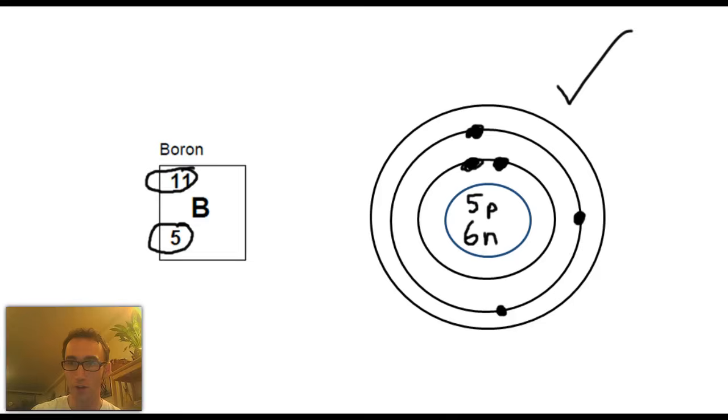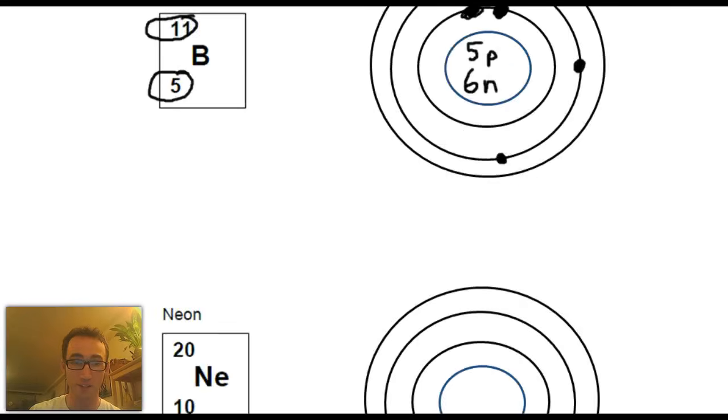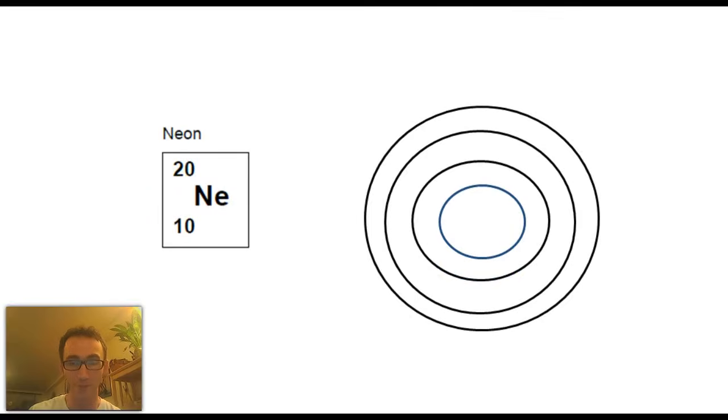Okay, now let's go and do some other examples. So neon. We start with the number of protons in it. So neon would have 10 protons. And because the atomic mass is 20, we take 20, subtract 10, and we'd also have 10 neutrons.